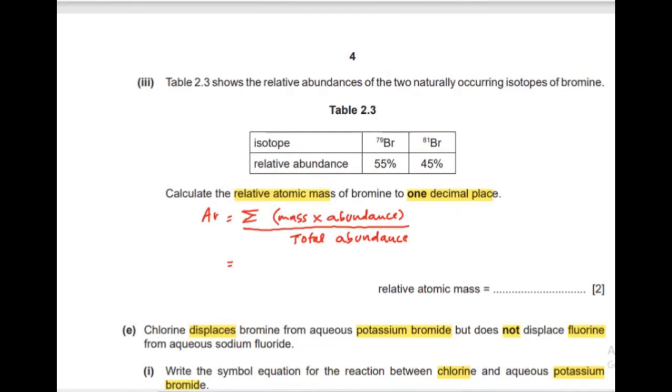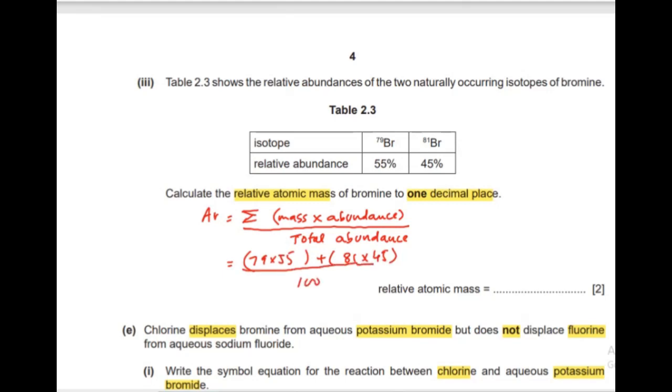Then this question is regarding the relative atomic mass. Relative atomic mass can be calculated by using the relative abundance and the mass of the isotopes. This is the formula: the sum of the mass times abundance over total abundance. Now bromine has two isotopes. The mass is 79 times 55, then the second isotope is 81 times 45, and the total abundance is 100.